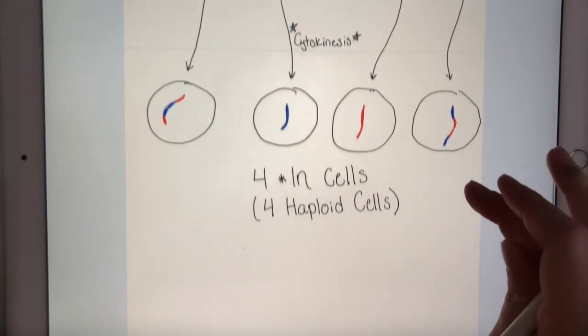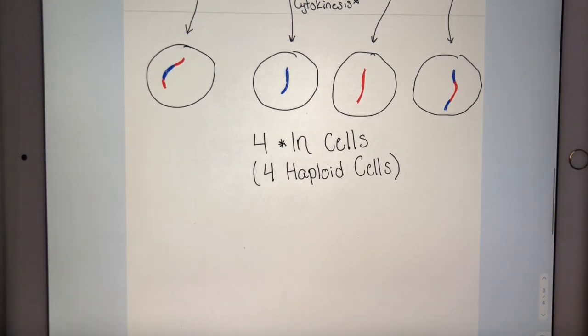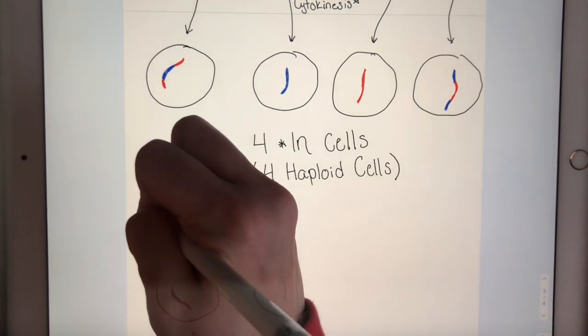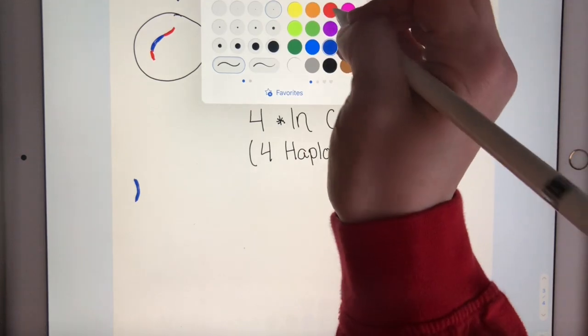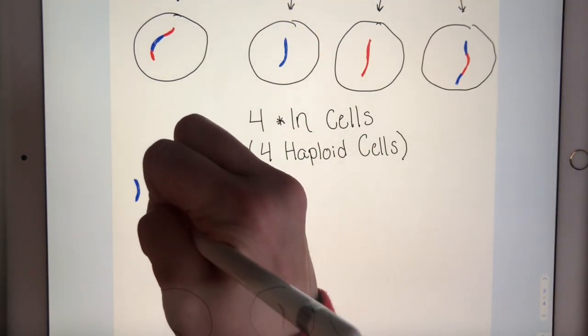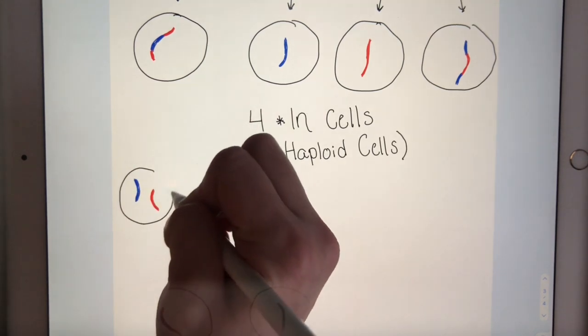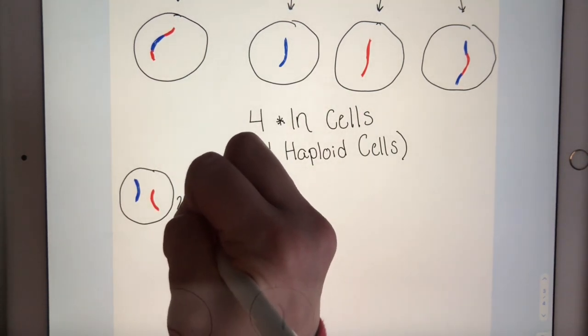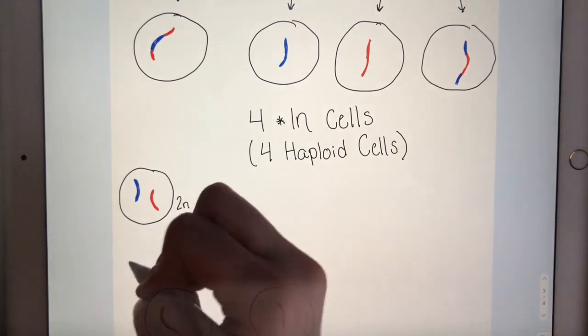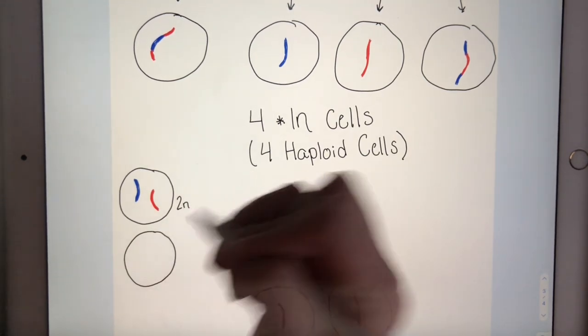So as our reminder, little key that we can write in for ourselves, if you remember, we had 2N that became 4N.